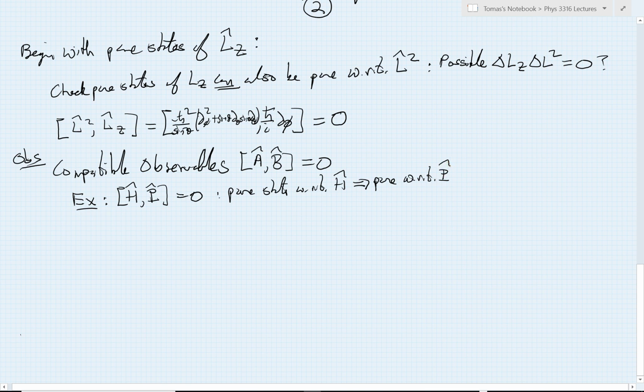And that would be very nice, right? Because if Lz and L squared commute, and we have this property that a pure state with respect to one is a pure state with respect to another, then we're definitely not wasting our time looking at these Lz pure states. Now, there's just a slight technical issue that arises.